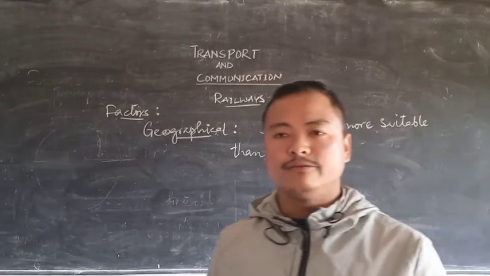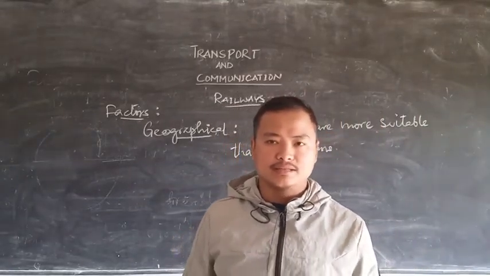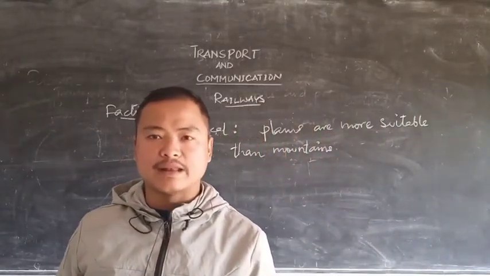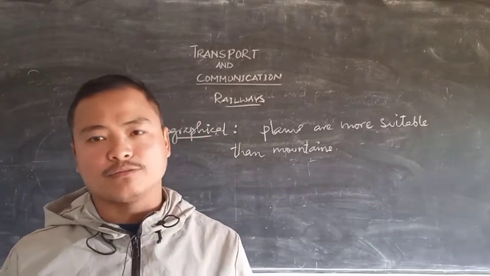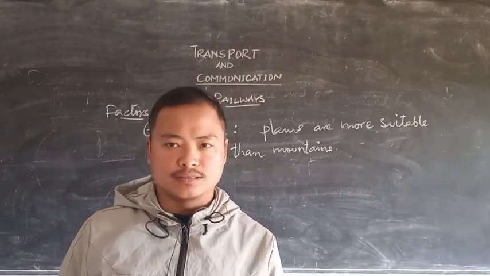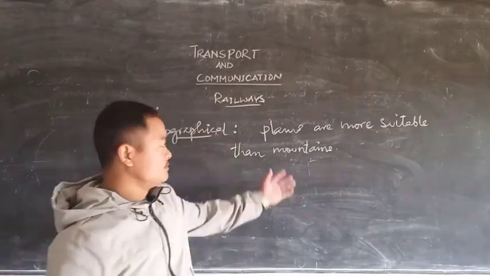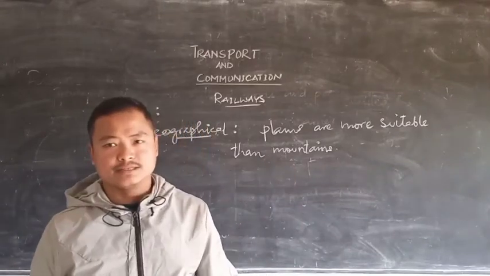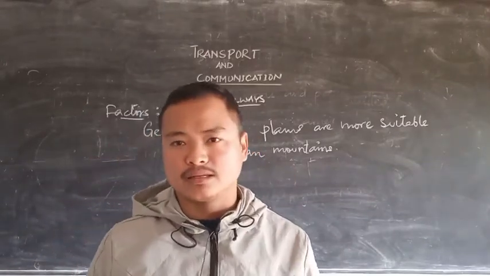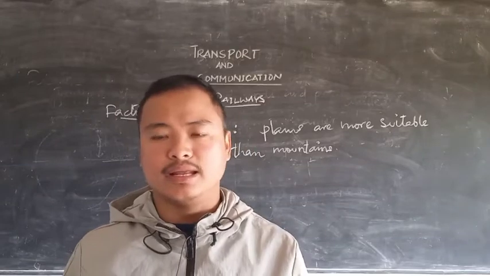Flatlands or plains are more profitable and suitable in construction as compared to mountainous areas. Mountainous areas are very rugged and it becomes very difficult to lay tracks.